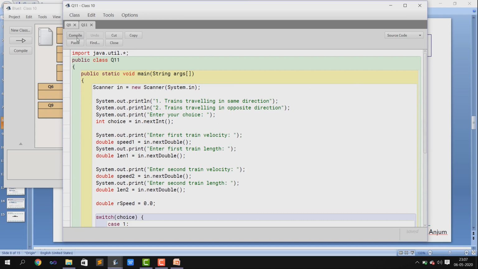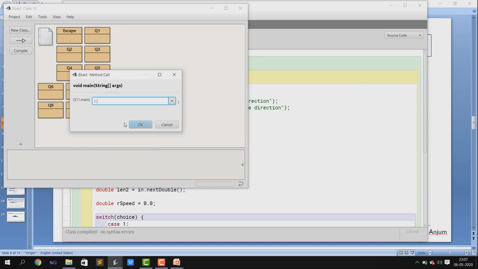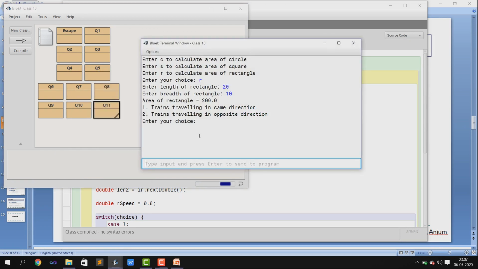Now let us compile this code. No syntax error. Now see, first one, trains traveling in the same direction. Second one, trains traveling in the opposite direction. Now you have to enter your choice. Let us suppose we have given 2, the opposite direction. Enter first train velocity, let us enter 10.